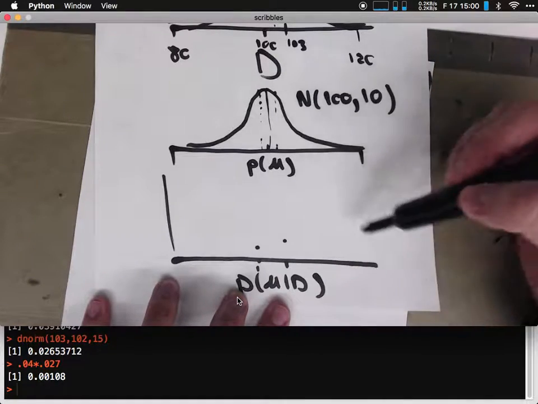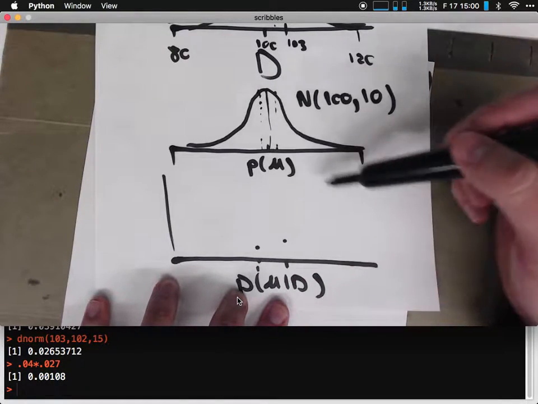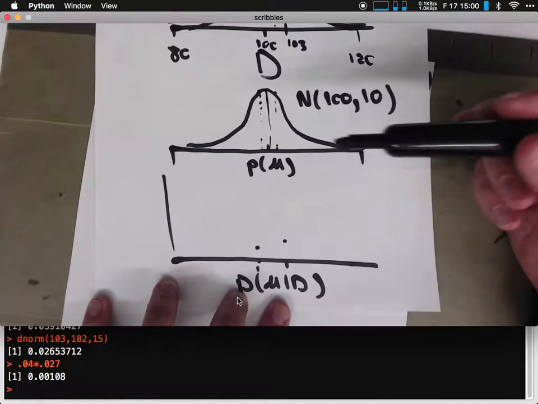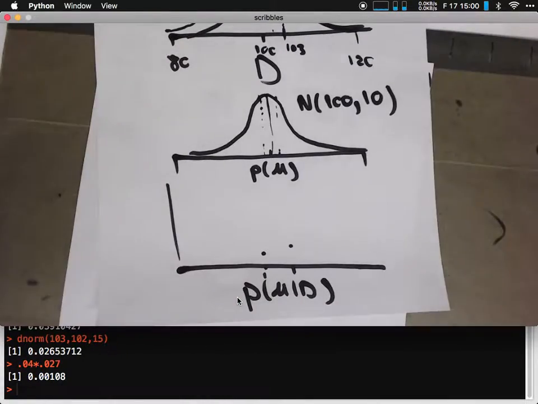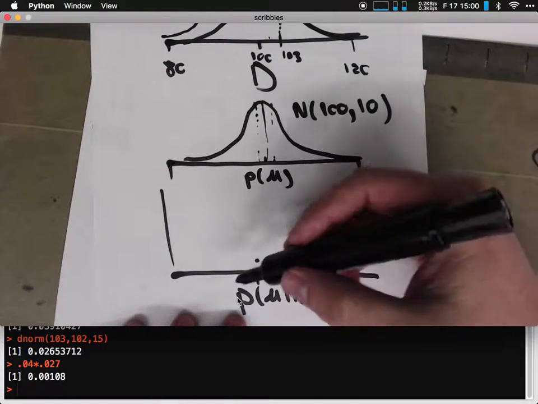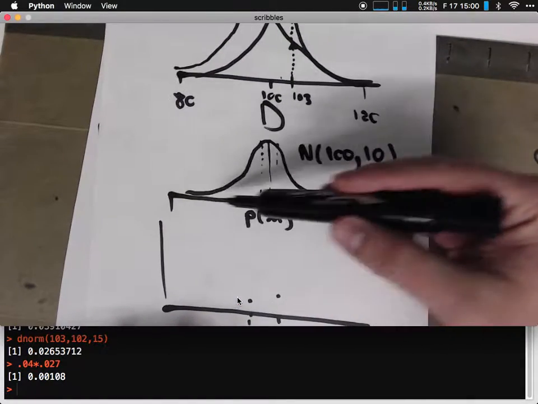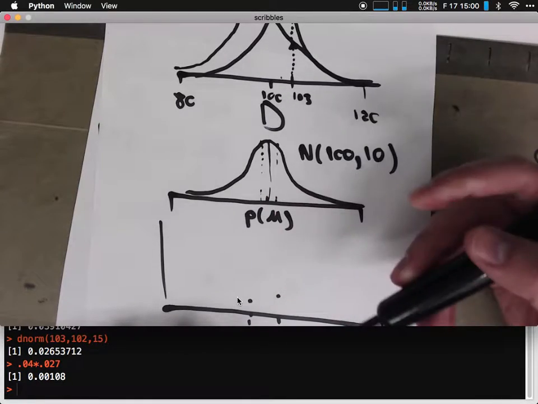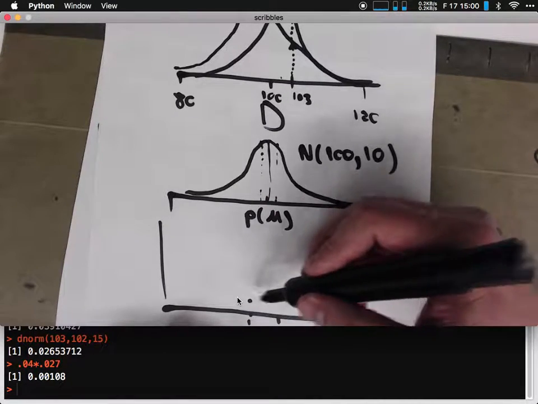Once we get all the values out, you rescale so that it sums to 1 anyway, so that you can see it better. But if we were to continue to do this all along the number line, we'd eventually get out a posterior distribution.